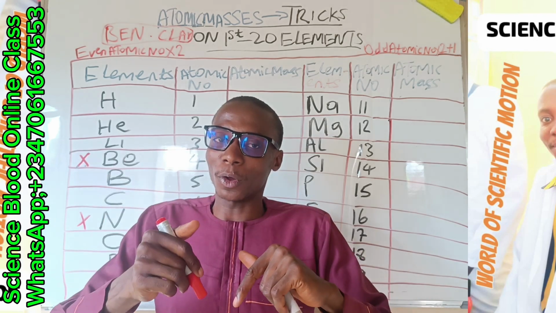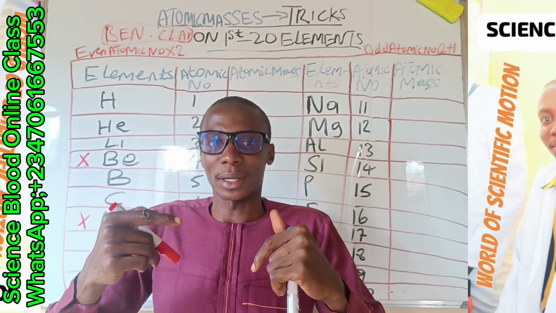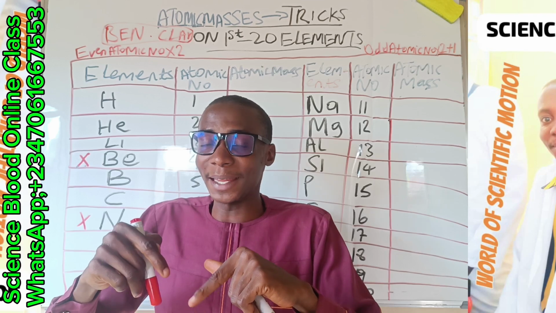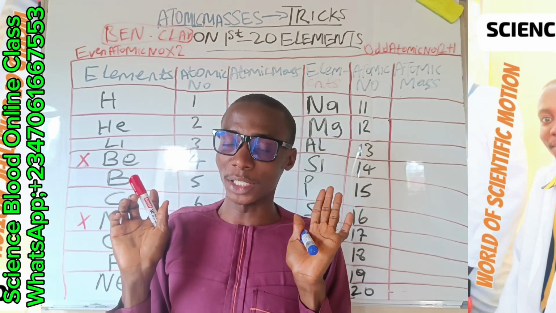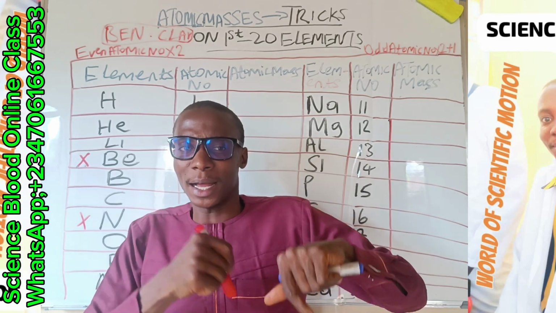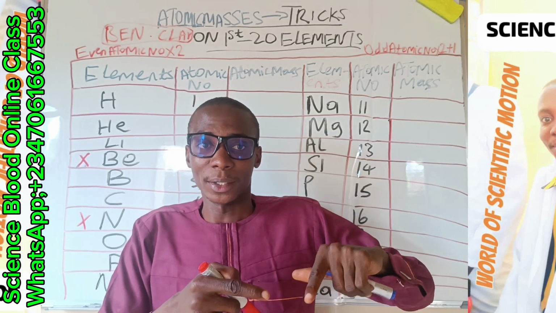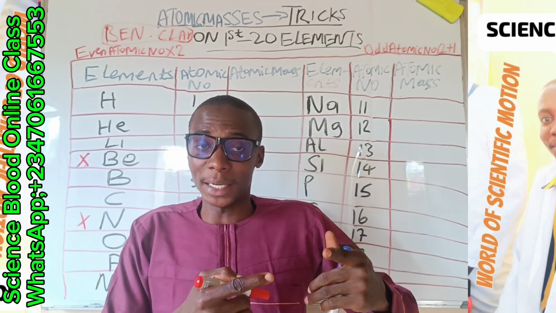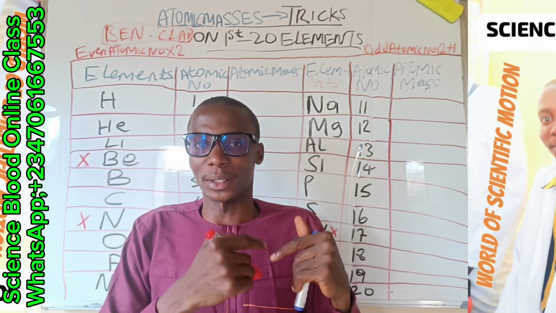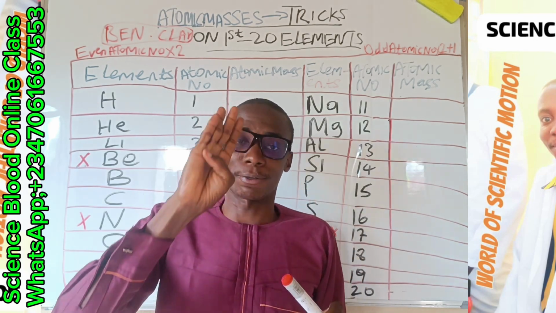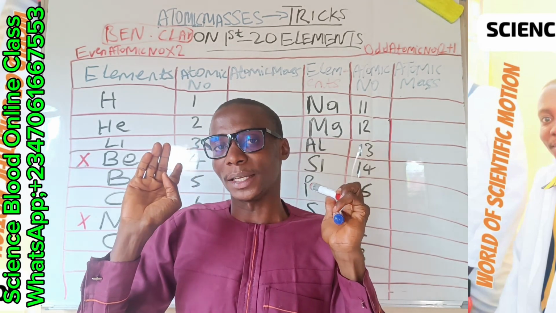So any element that has an even atomic number, just multiply it by 2, you get the mass number. Then any element that has an odd atomic number, multiply it by 2 and add 1, provided that the element is within the first 20. Remember the four exceptions concerning this trick.